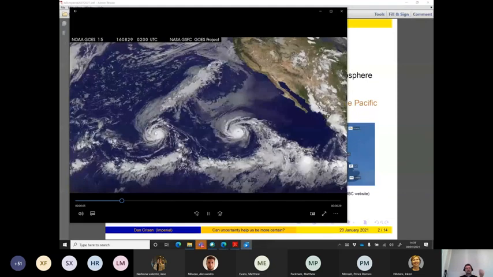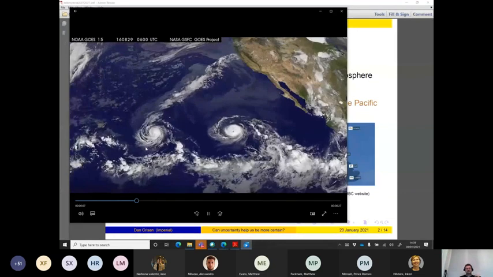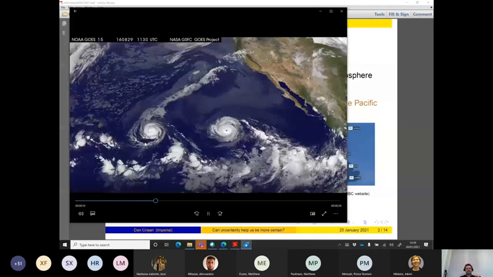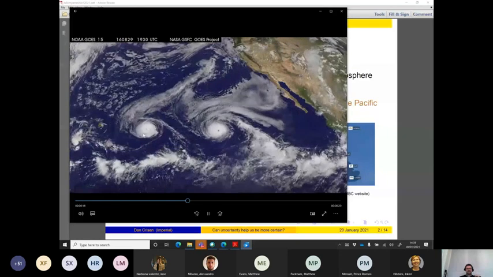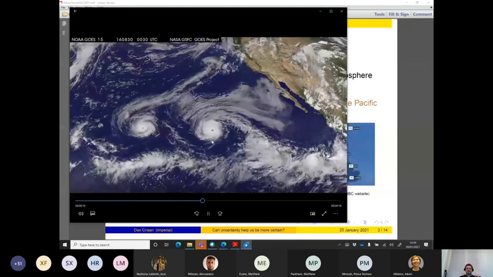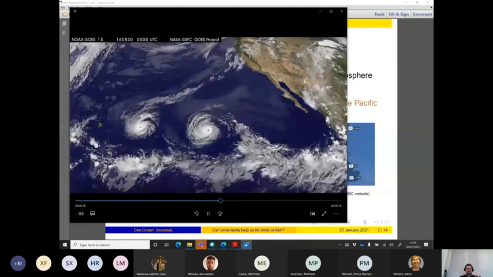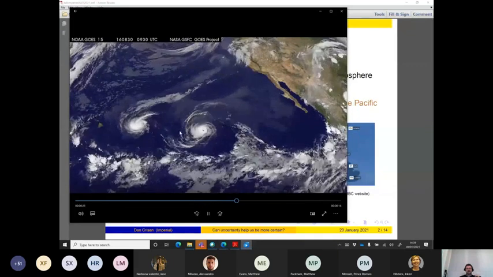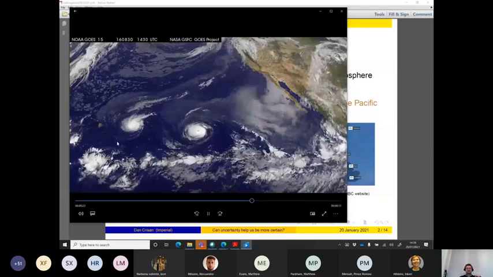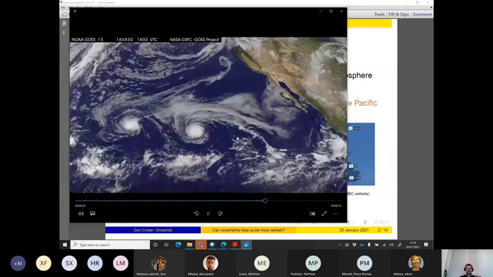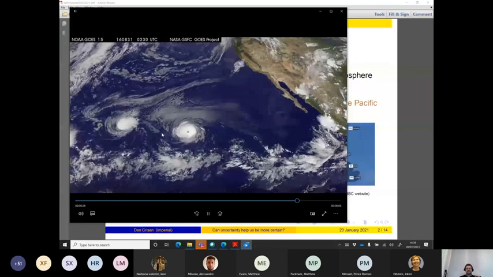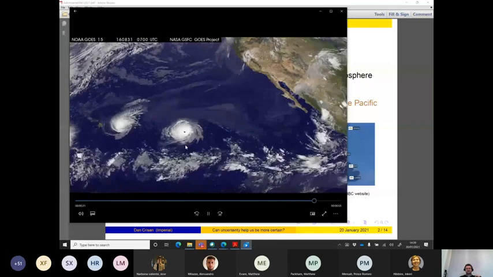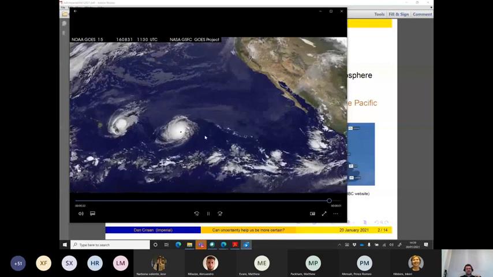The clouds obviously are markers for the evolution of the air. So we see these vortices that are the hurricane. We see the eye of the hurricane and things moving around. If you think of the scale, this is the entire Pacific Ocean, and things are moving quite fast, rotating as it were.